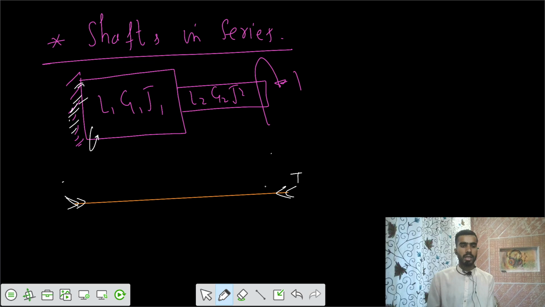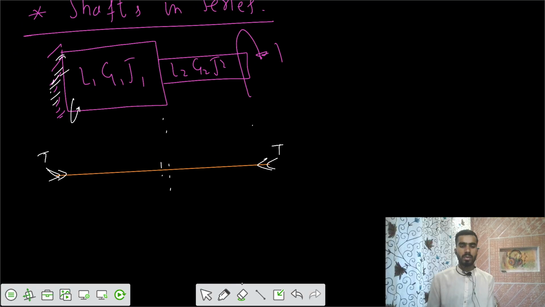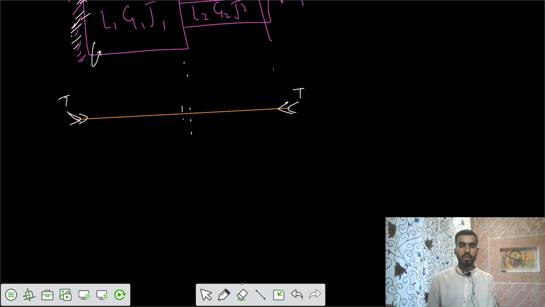So now you don't know the value of the torque on the junction of the two. Based on the concept that we have a series connection, we can say directly that the torque would be the same for the two.